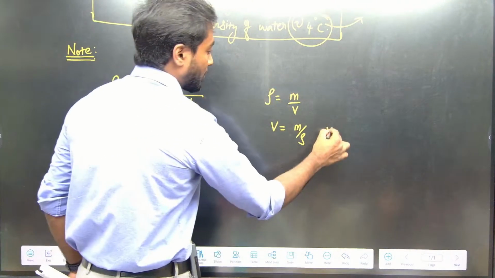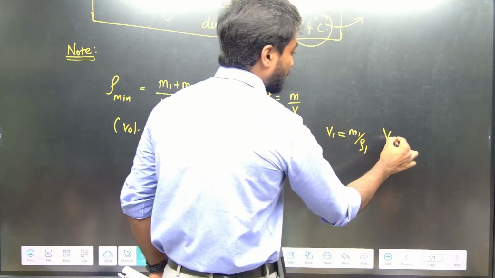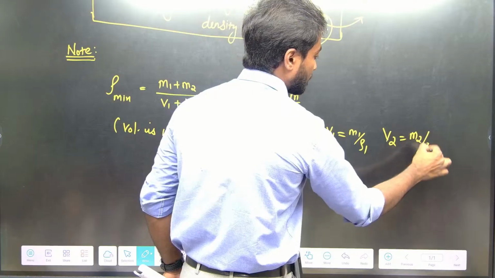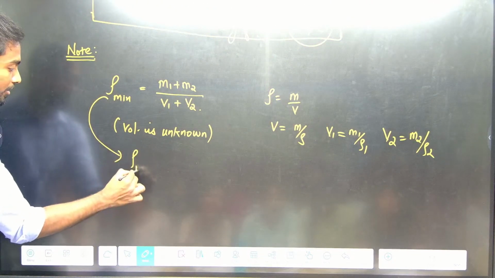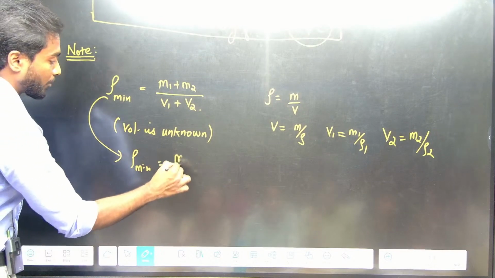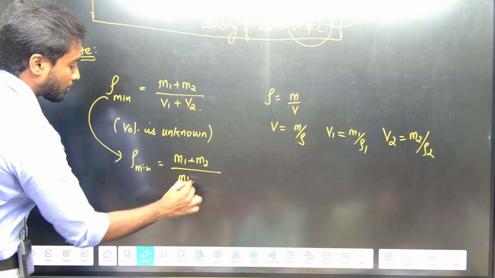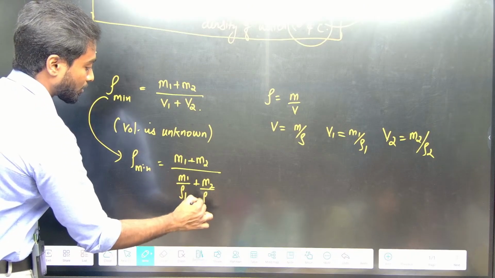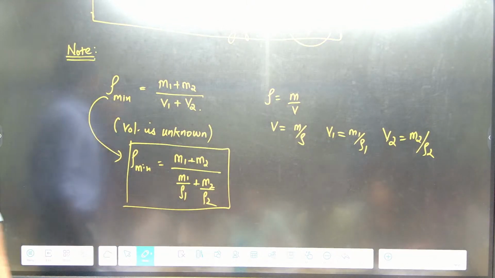Can I say V1 is equal to m1 by rho 1 and V2 is equal to m2 by rho 2? Yes? So can I rewrite this? Density of mixture will be equal to m1 plus m2 by m1 by rho 1 plus m2 by rho 2. This is the formula if volume is unknown.